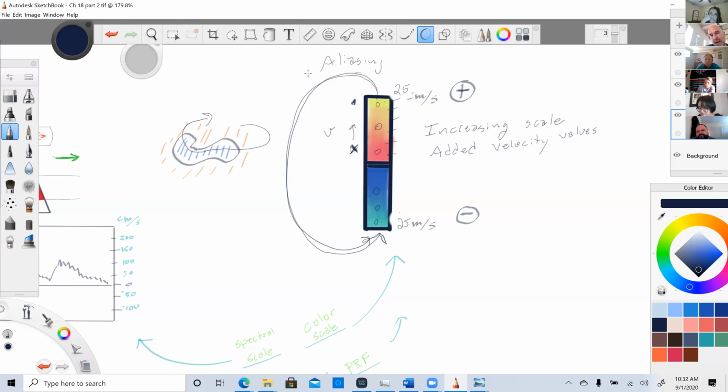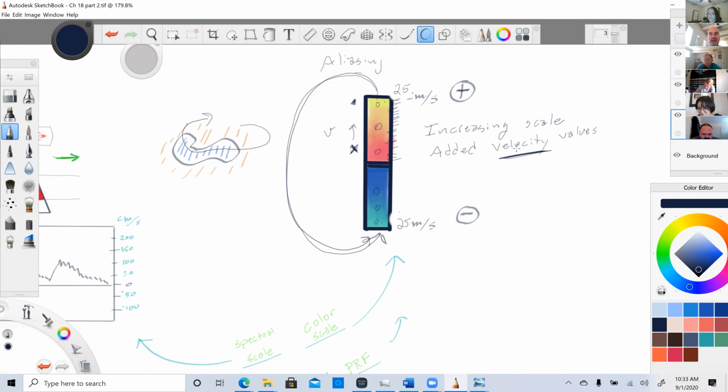By increasing the scale, I'm basically adding more imaginary hash marks, and now I have more values. So let's say before I had values between 1 and 10, and now I have values between 1 and 20. I've basically added velocity.